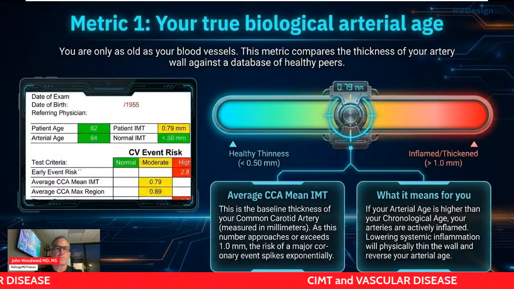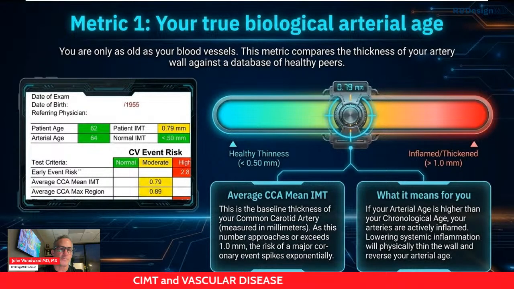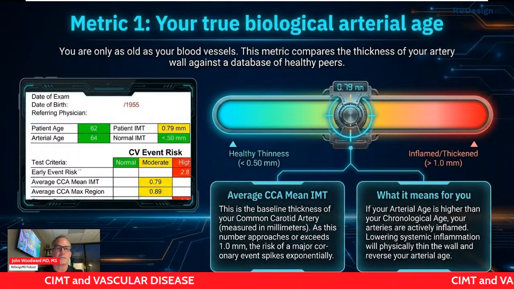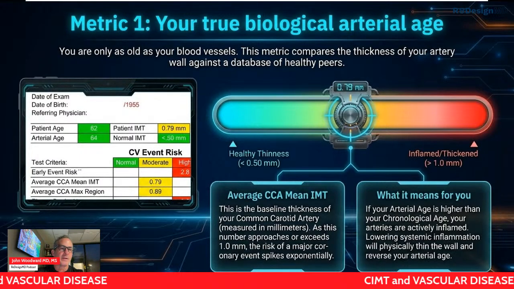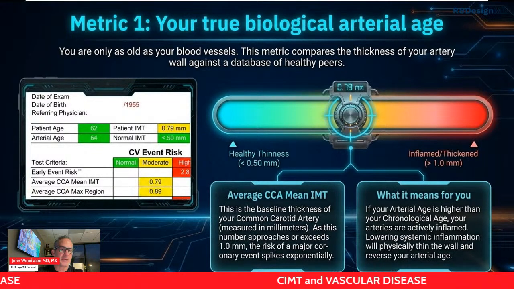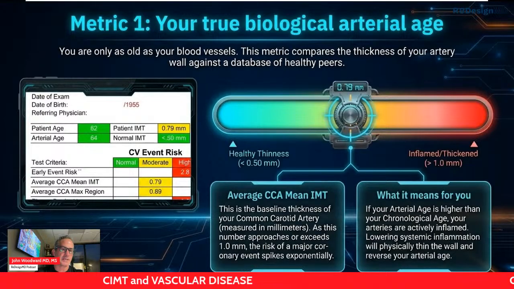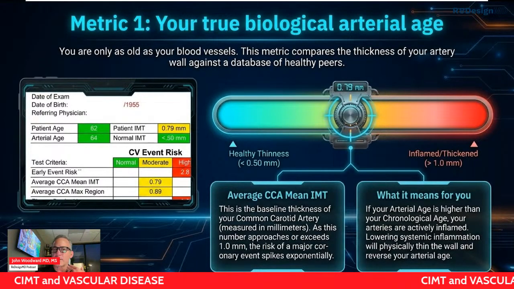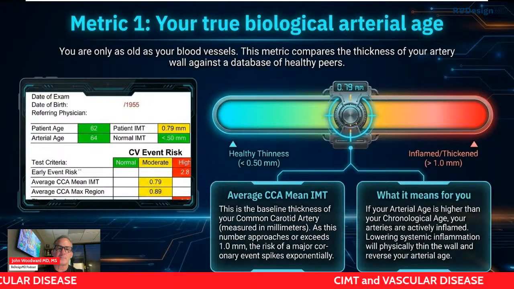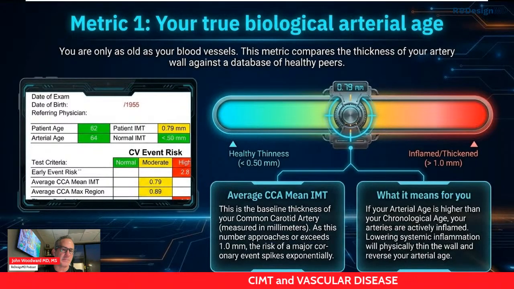So, your true biologic arterial age. Here you see the arterial age is 64 for a person who is chronologically 62. Why are they 64? Based on their IMT, the average of those 600 cuts that I talked about in the common carotid artery in the neck comes out to be 0.79 millimeters.